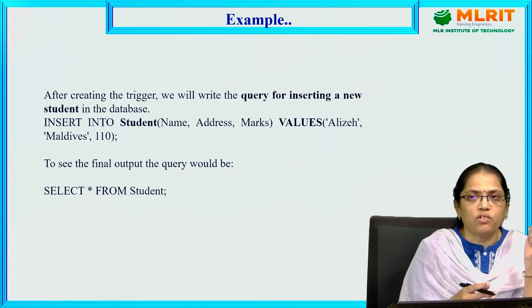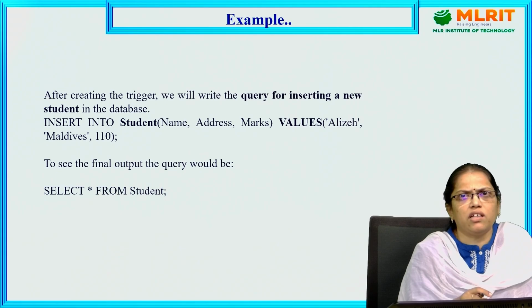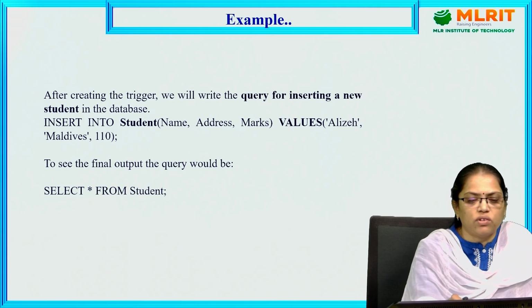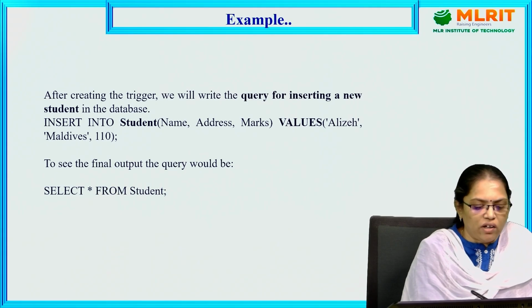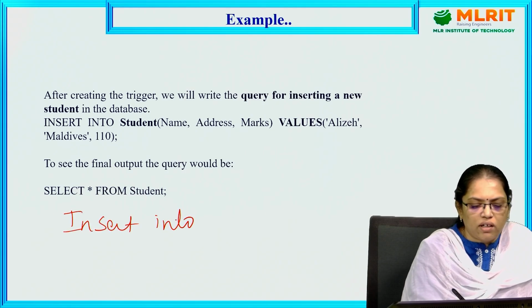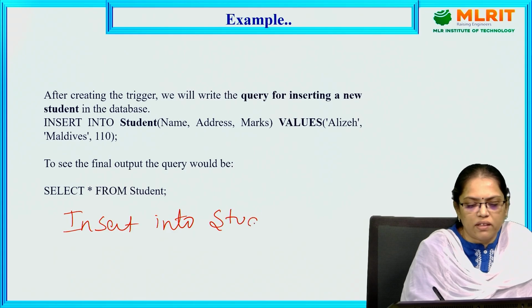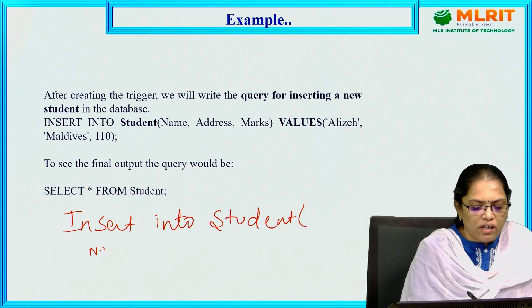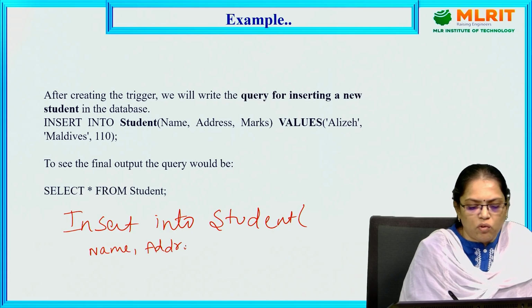After that, as we know, we use the command insert into student name. So we are using this command and adding the values. Whenever you use the command insert into student, this is the table name. So here what we are giving? Name, address. For the previous example, what we have taken?